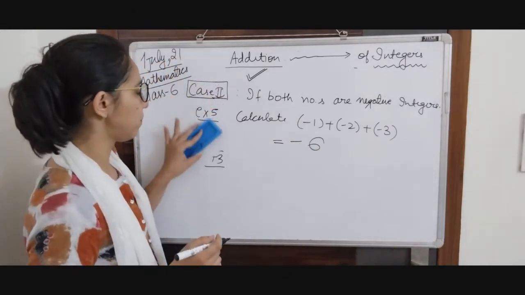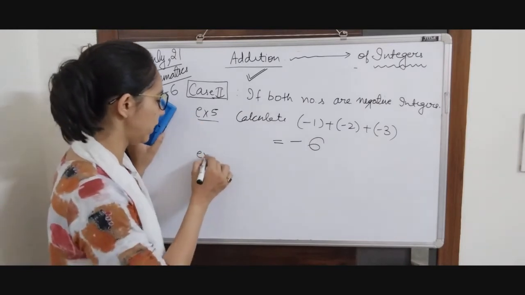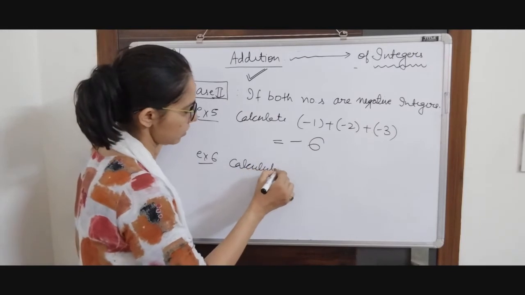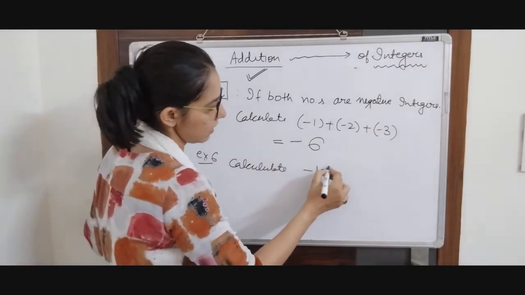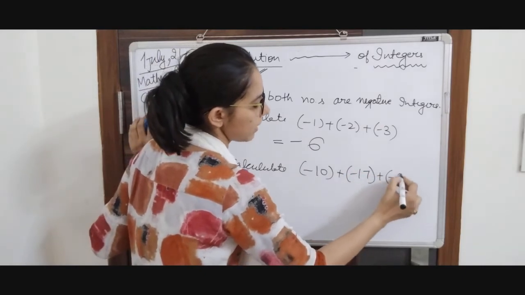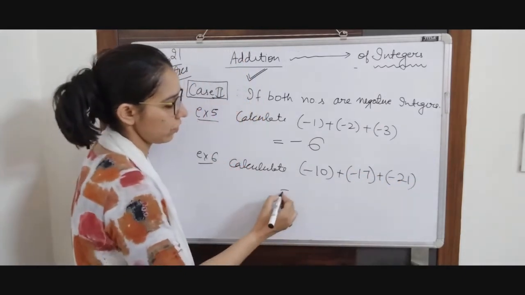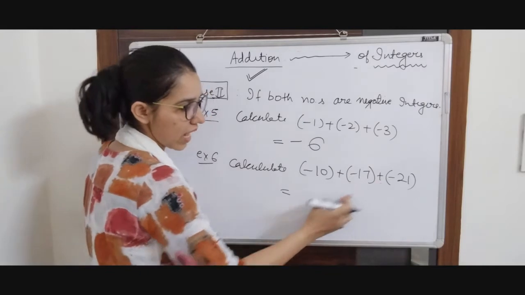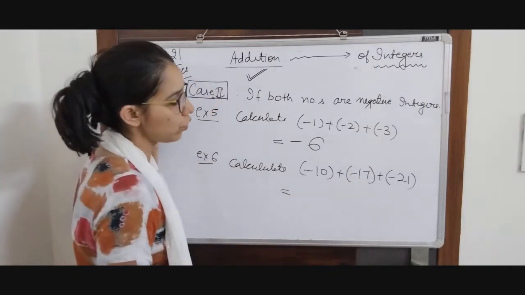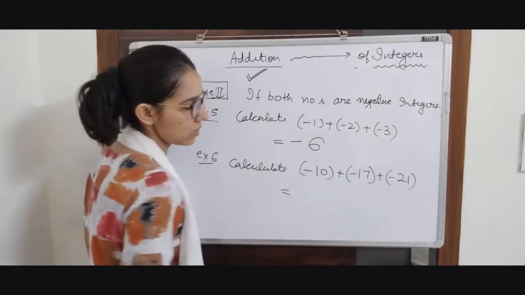Take another example. Suppose you want to calculate -10 plus -17 plus -21. You want to do this. This is addition and all the numbers are negative. What you will do? You will add the numbers.